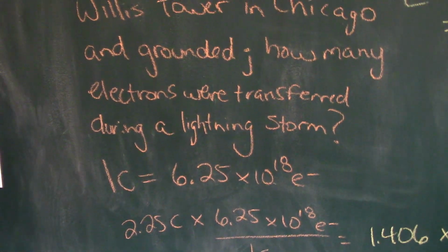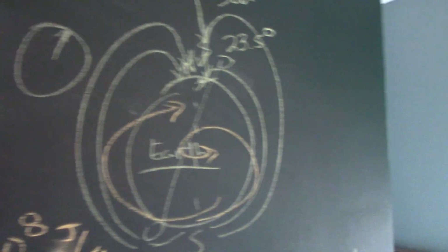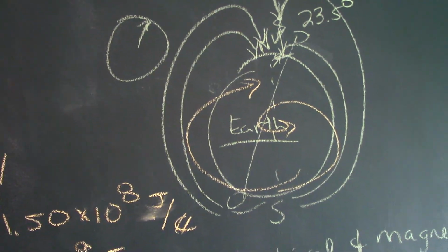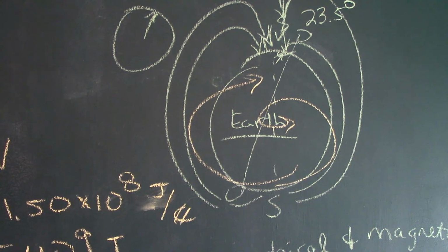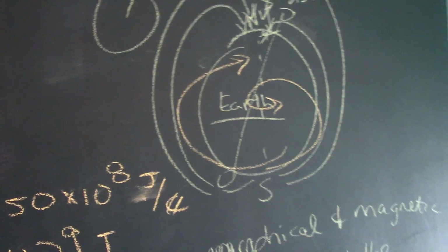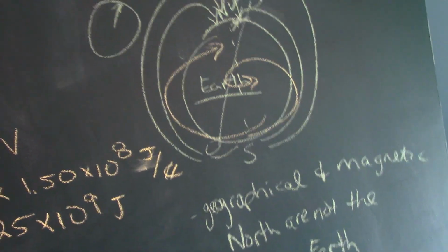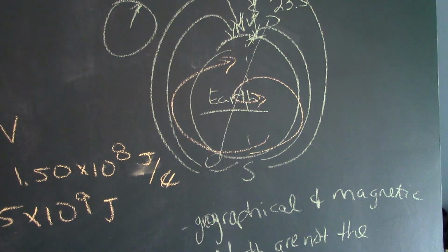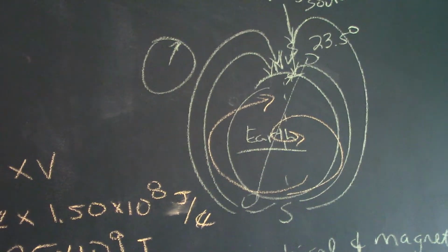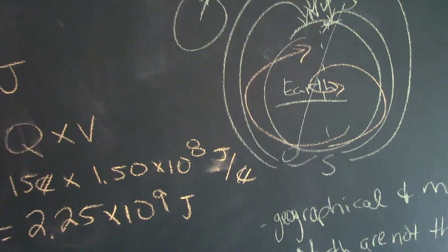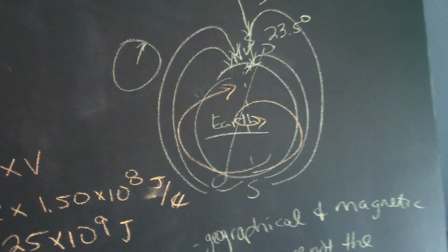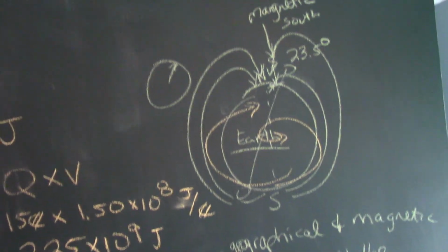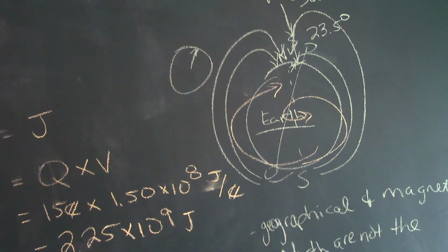Now, I also said when we were talking about pole flips, how do we know that poles flip? We know this because we can look at mid-ocean ridges or volcanoes, and we can look at the geological record, and we can look at areas that have spewed out iron. The further we look out from a mid-ocean ridge or a plate with plate tectonics, we can see the iron that's in the geological record.